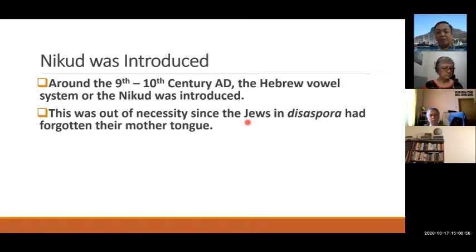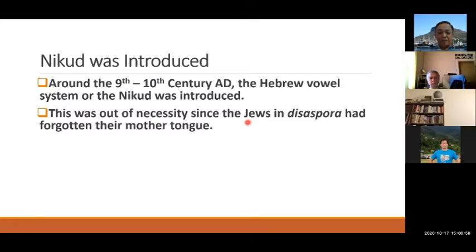But if you go to Israel today, they do not use the vowel system at all. They do not use the vowel pointings, and this is basically because they try to go back to the original, without the vowels, just the consonants alone.